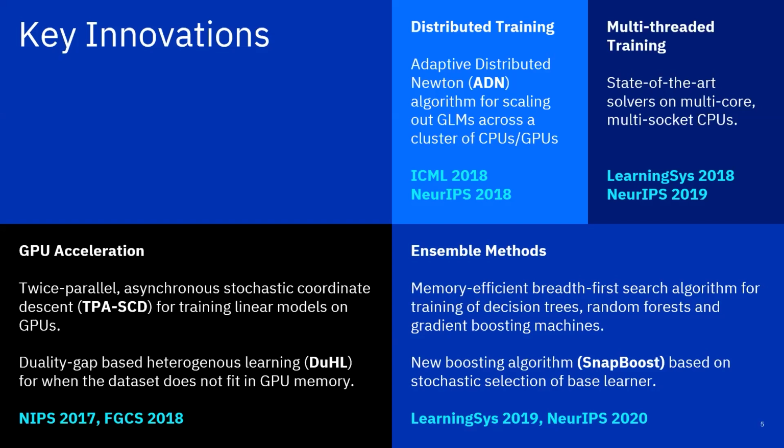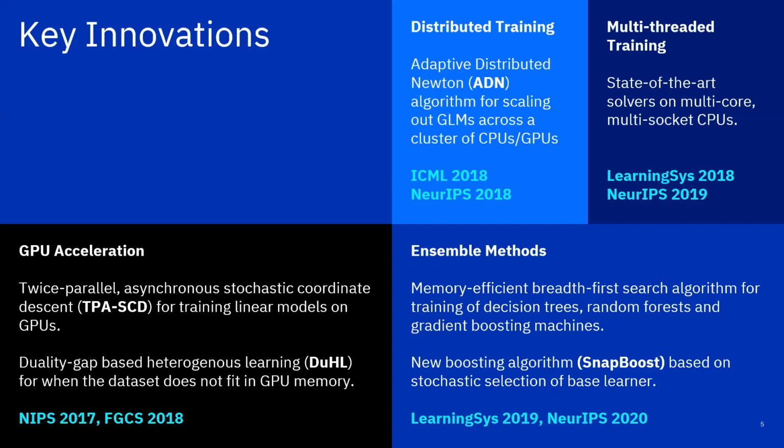So we started developing new extremely parallel asynchronous coordinate descent algorithms, which map very effectively onto GPU hardware, as well as new algorithms which deal with the case when the data set is too big to fit in GPU memory. These were some of the earliest research ideas that went into SnapML in 2017 and 2018.